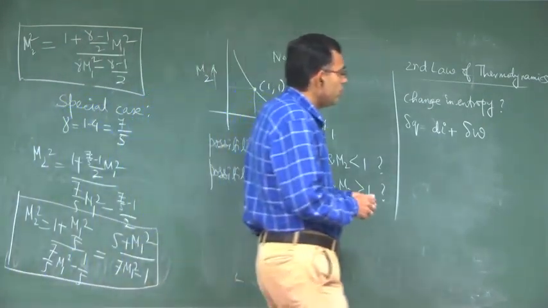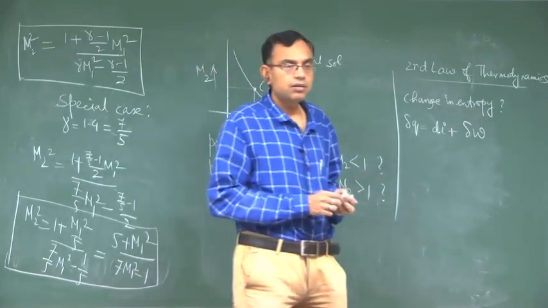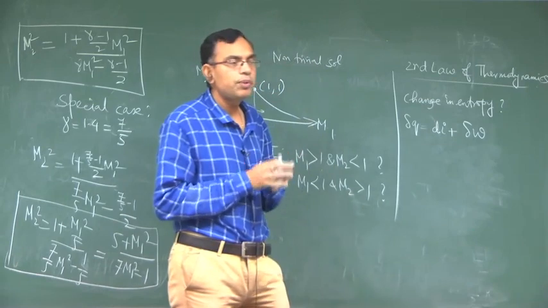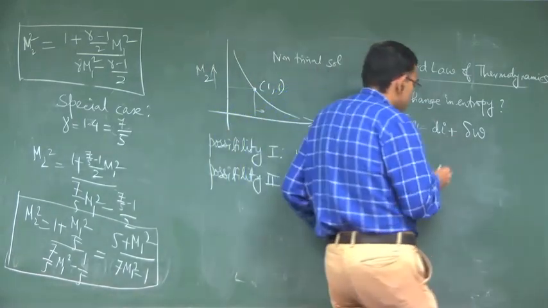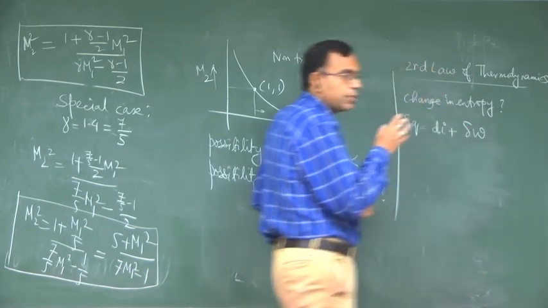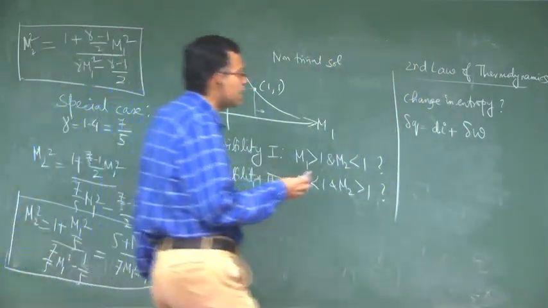Now, we will assume that it is a reversible or a quasi equilibrium process, at least quasi equilibrium. That means the process is very slow, and all the intermediate states are in equilibrium.